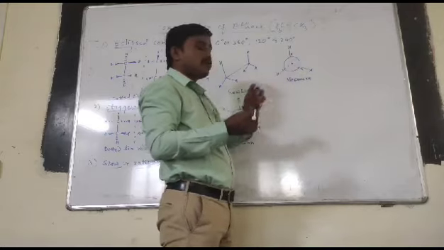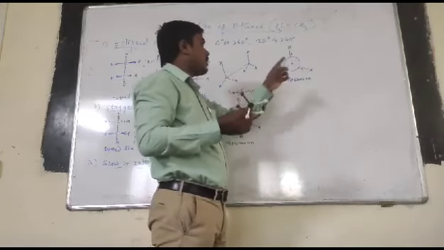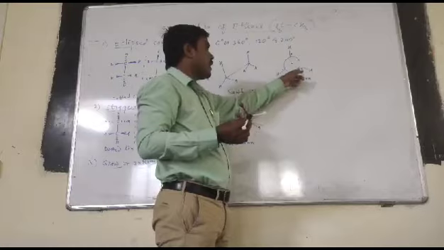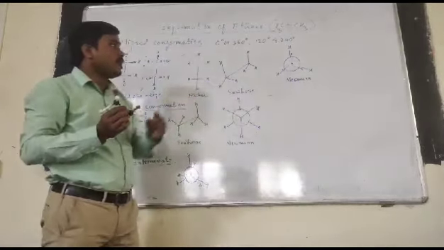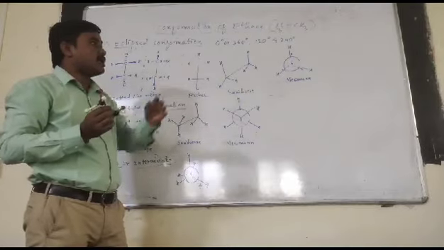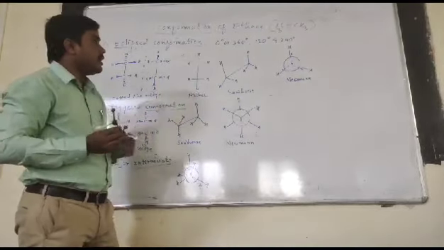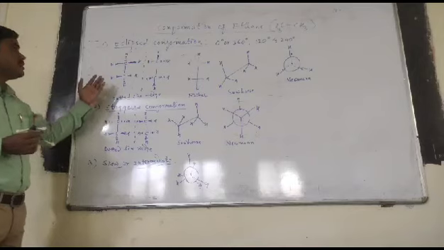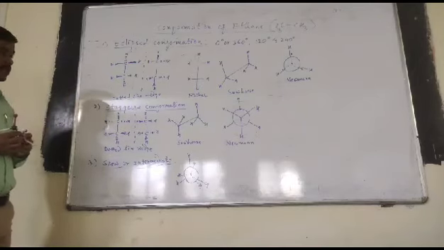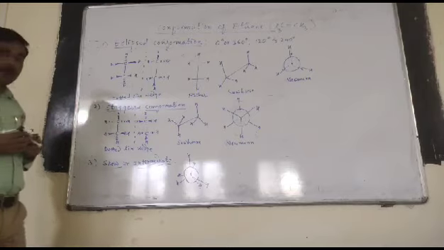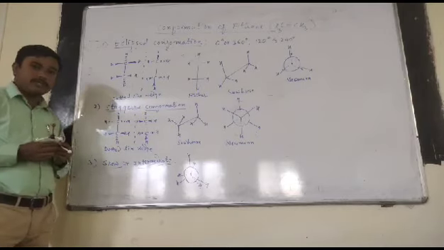The hydrogen atoms present on the front carbon atom are represented by dotted lines, and the hydrogen atoms present on the rear carbon atom are represented by radiating lines. So this is about the eclipsed conformation. The next type of conformation is the staggered conformation.